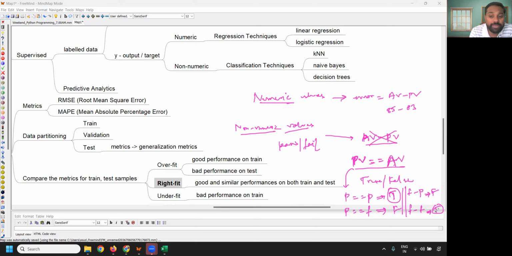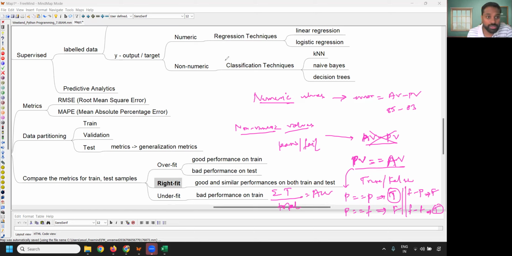All the false cases mean the model did not perform well. So we use this comparison technique and we collect all the true values from the total. This gives us accuracy.